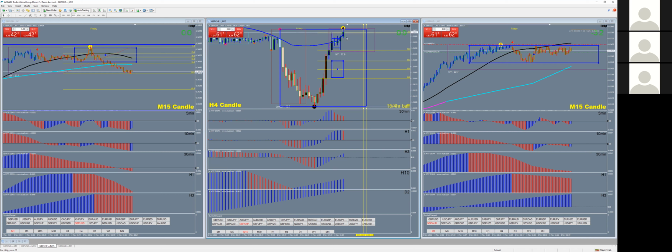Come on, we'll see. I didn't have a real good candlestick formation on a 15. Now if this bar holds, then we may get a better signal.